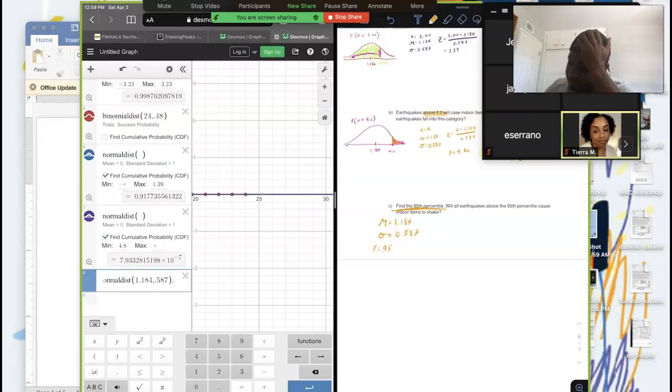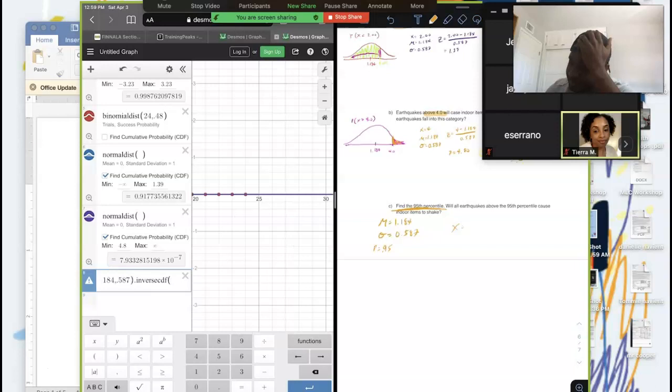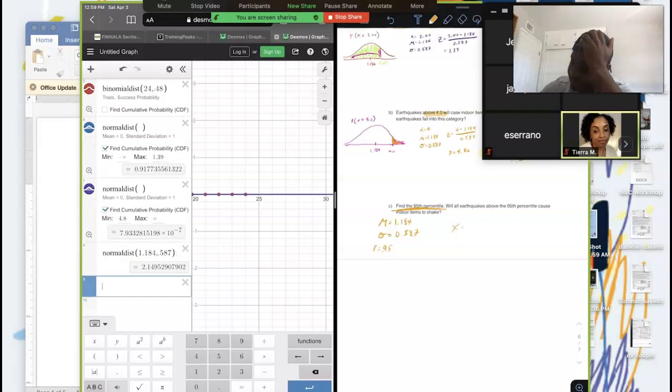Now we're going to do the inverse, because they gave us the percentile, so we need to work backwards to figure out the data value. So we go inverse CDF and then 0.95. And that's your value: 2.15.